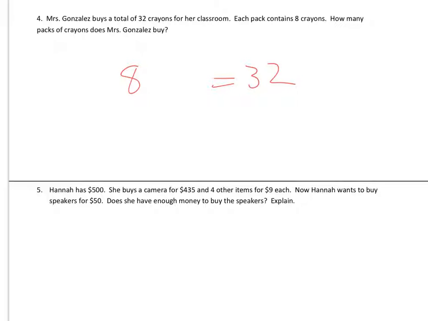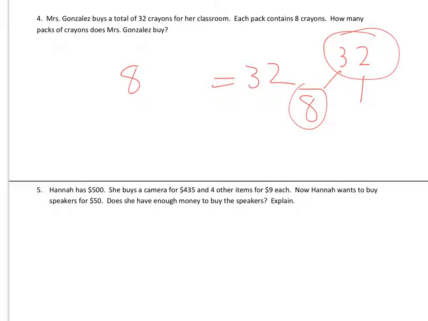A couple different ways we can do this. We can use number bonds. I think I'm going to use number bonds for this one. 32 total. And there's 8 in each pack. How many packs does she need? So we got to get to 32. We're going to go 8.